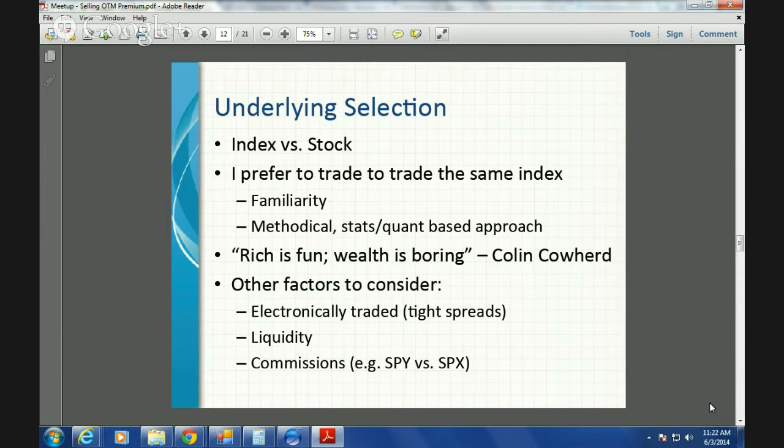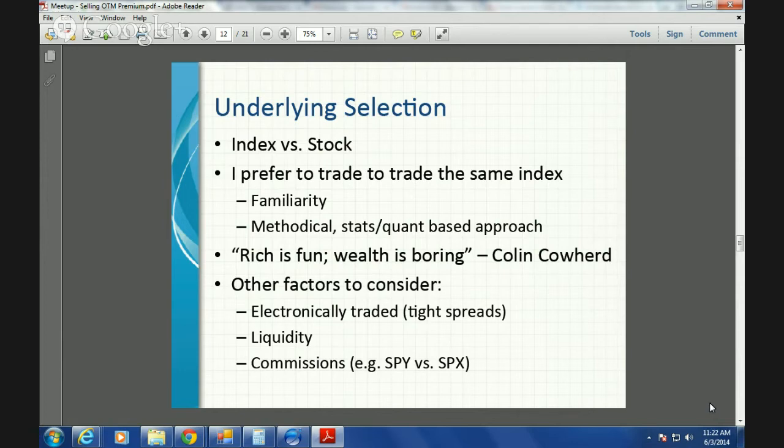I don't like to trade the SPX with these far out of the money trades because it's open outcry and you tend to get worse fills. So sometimes with the software, any software, the prices that are shown for the open outcry on the SPX aren't going to be as good.